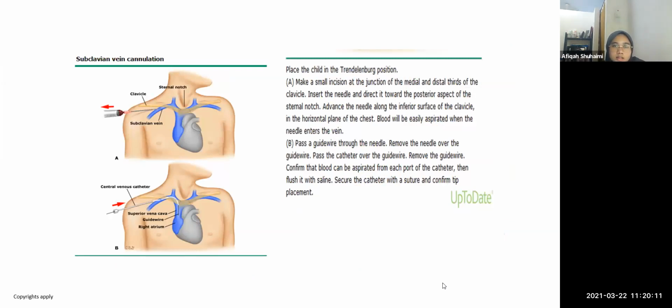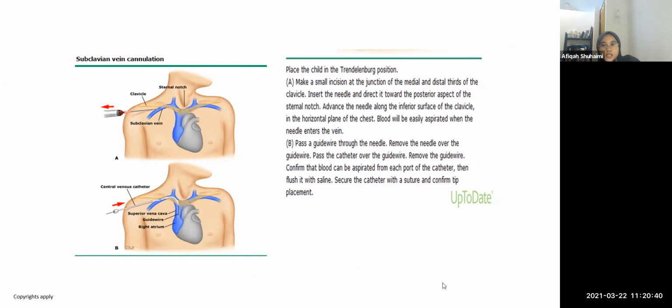So this is the anatomic position for subclavian vein cannulation, in which we position the child in a cradle lumbar position. Make a small incision at the junction of the medial and distal third of the clavicle. Insert the needle and direct it toward the posterior aspect of the sternal notch. Advance the needle along the inferior surface of the clavicle in a horizontal plane.